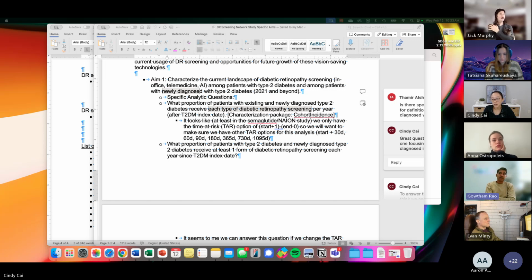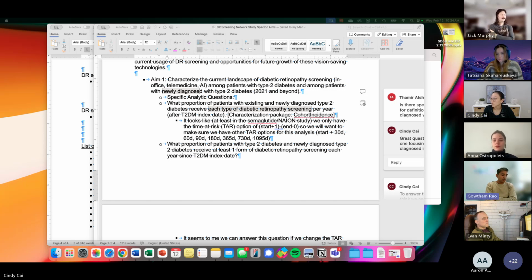Otherwise, your question will be, among people who are newly diagnosed with type 1 or type 2 diabetes, whichever you choose, as defined by the code definitions, what is the incidence of screening in the time at risk, which is 1 year?